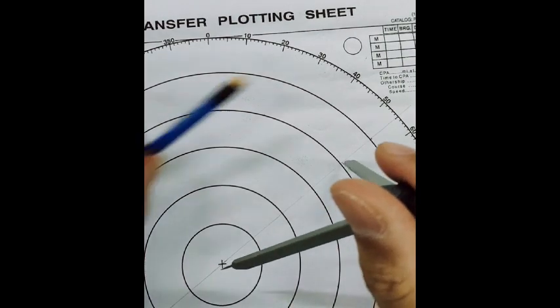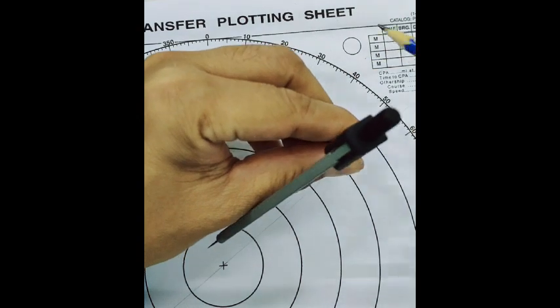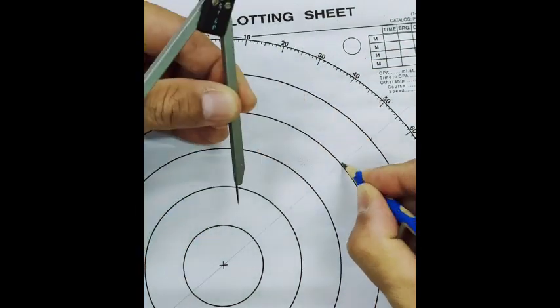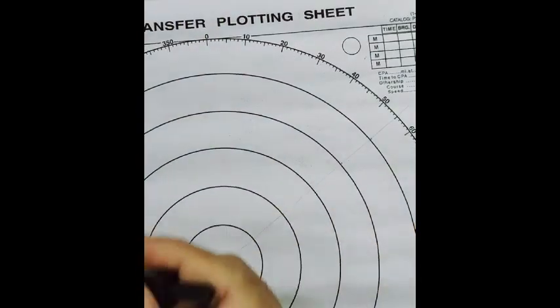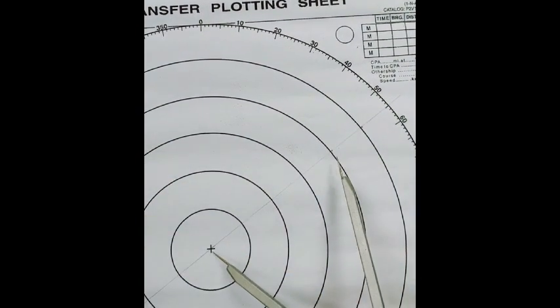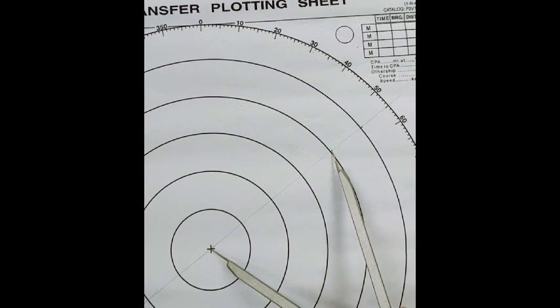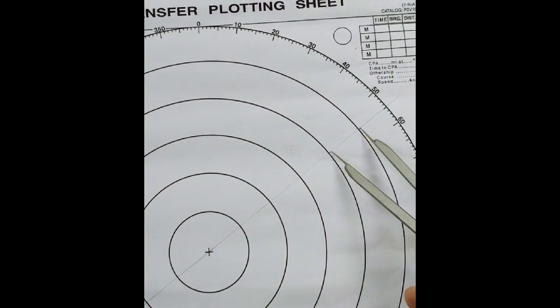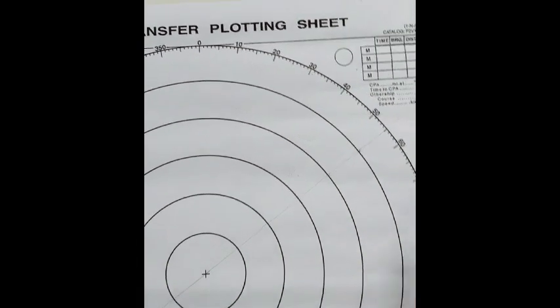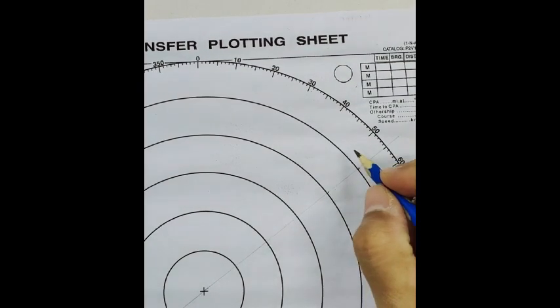It is a little bit more than the 8 nautical mile radius, and that is because of error of printing the radar plotting sheet. So in this case, your SRM is 10 minus 8 nautical miles. It means the distance is 2.